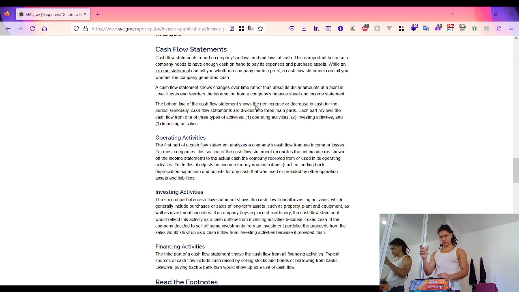It analyzes the company's cash flow from the net income or losses. For most companies, this section of operating activities reconciles the net income from the income statement to the actual cash the company received from or used in its operating activities.